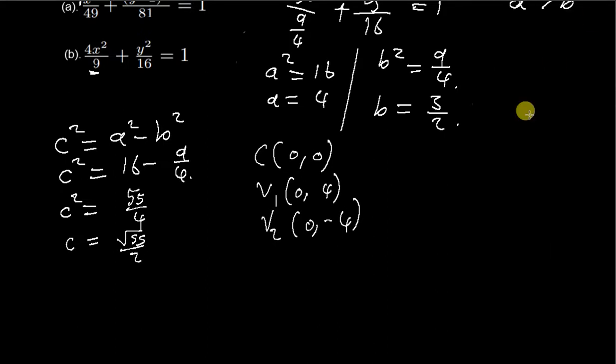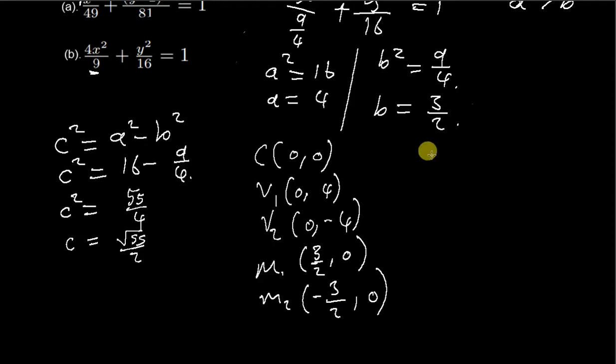Okay, alright, so let us also find m1 and m2. So m1 is simply just 3 over 2, 0, and m2 becomes negative 3 over 2, 0. You just get b, you add it and subtract it from the x coordinate, and then from there we can now have our f1 and f2.